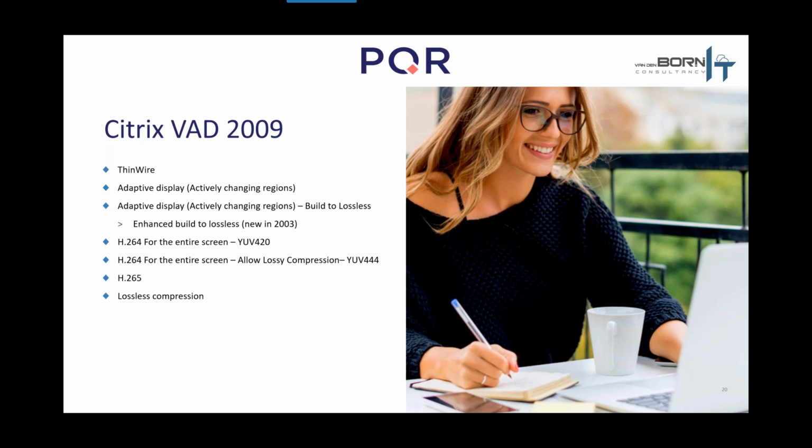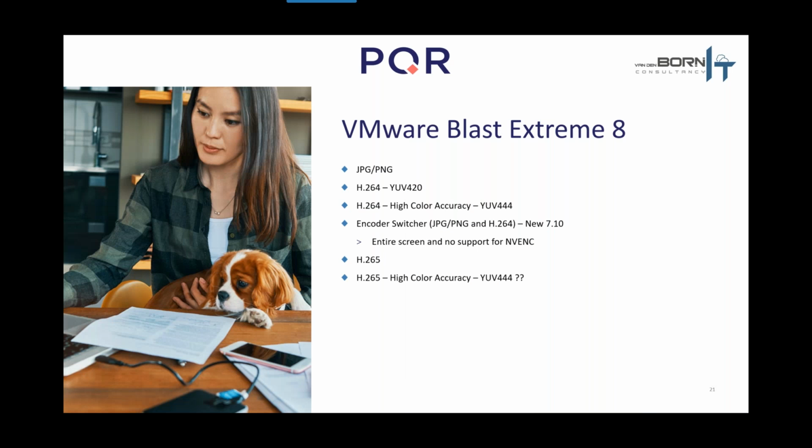If you look at VMware Blast or Horizon, the Blast protocol, they are sort of doing the same, like they have JPEG and PNG compression. And if you have Blast Extreme by default, it's H.264 with YUV 420. So the entire screen is compressed. And it's also possible to configure it with YUV 444 mode, and it's called high color accuracy, and that's for 2D CAD.